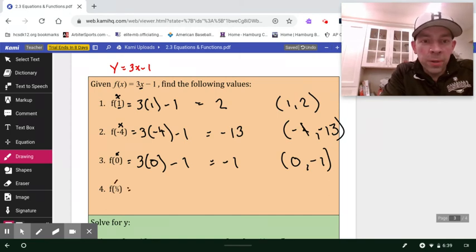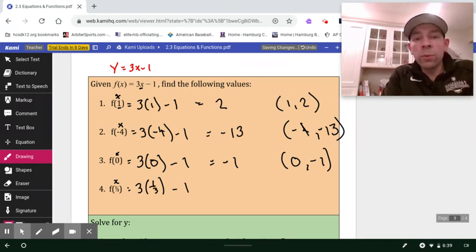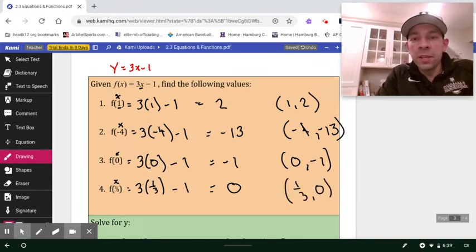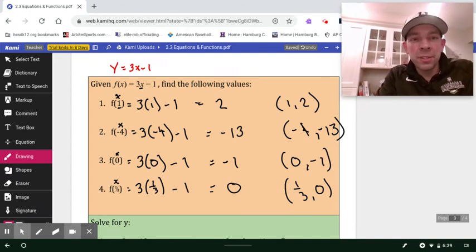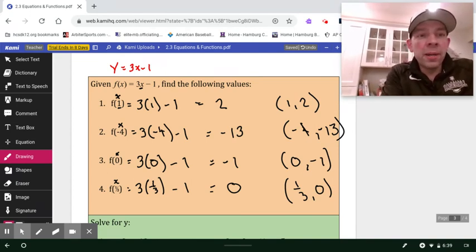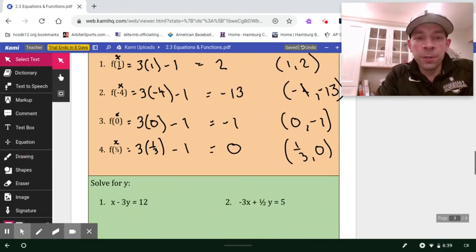Ooh, here's a fun one. 3 multiplied by 1/3 makes 1, and then 1 minus 1 makes 0. So 1/3 comma 0 is going to be another solution. So there's 4 out of a million bazillion solutions. Every point on that graph is considered a solution.